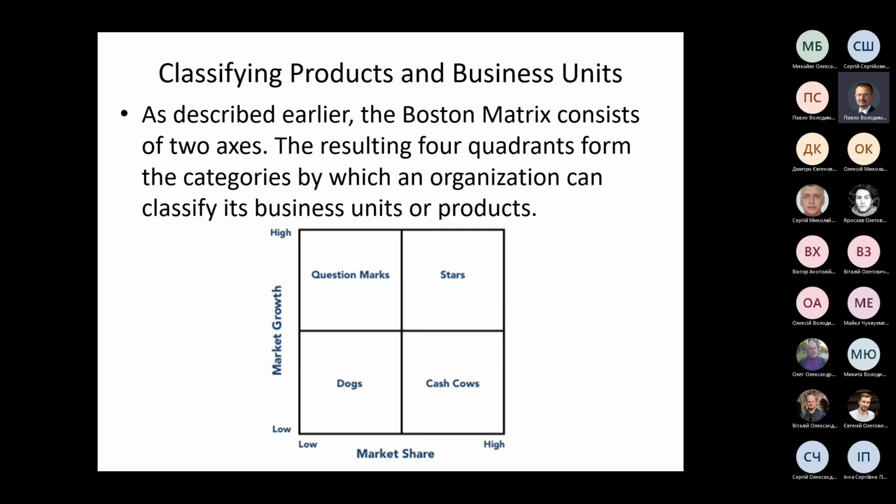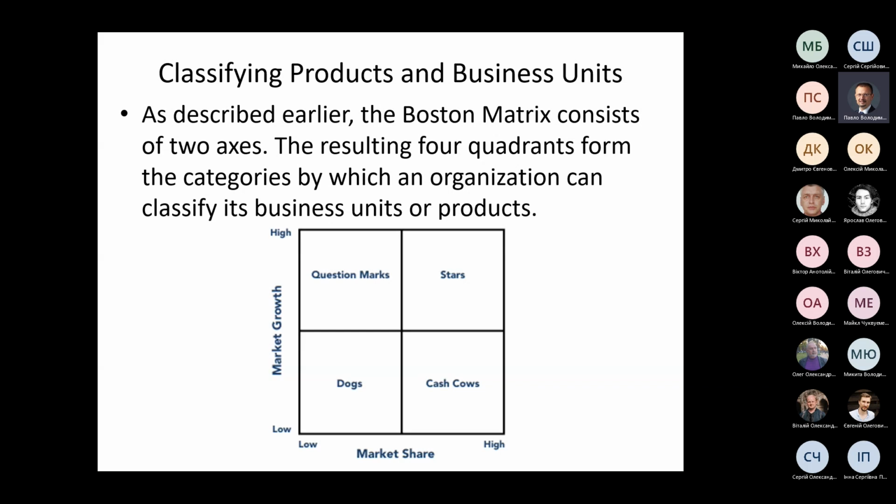It wasn't my mistake, it was just another view of the matrix. That's all. So having calculated the coordinates of every strategical business unit, you will put these coordinates to the matrix, and here you will see the whole picture for your diversified company.